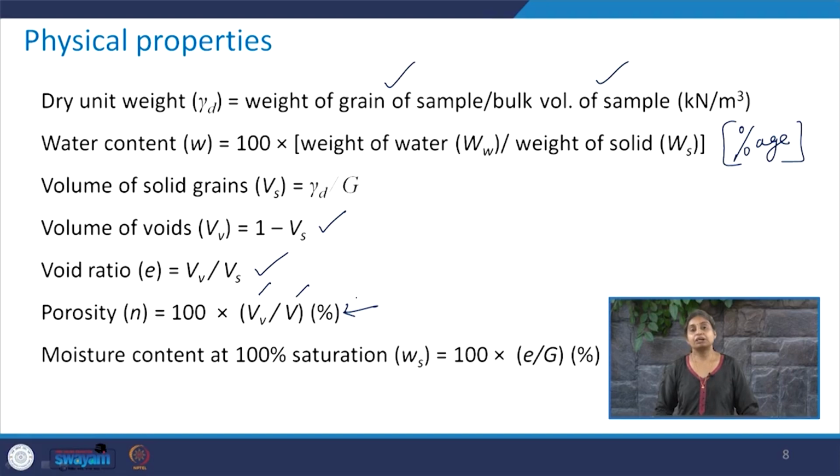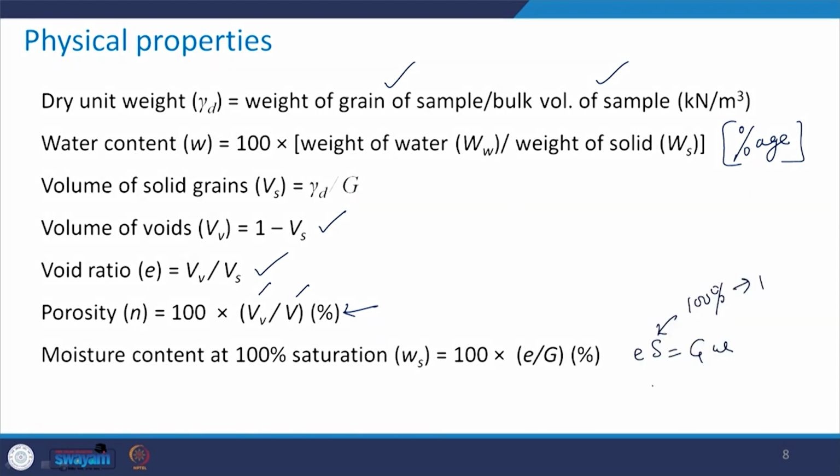And the moisture content at 100% saturation, that is, you know that eS equal to Gw. Now, if this S is 100%, this means it is equal to 1. So, therefore, from here you can get this w to be equal to 100 into e upon G. So, that is what it is.